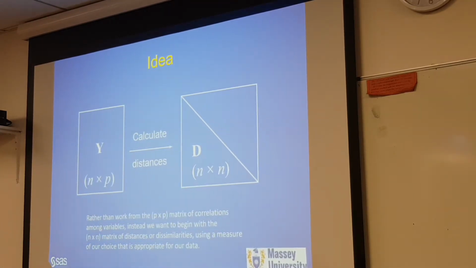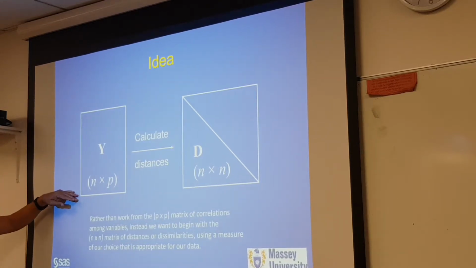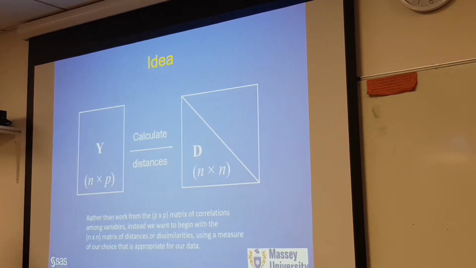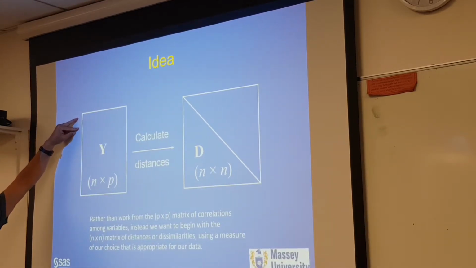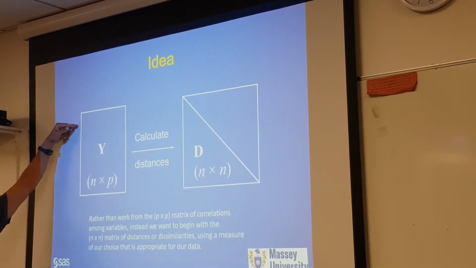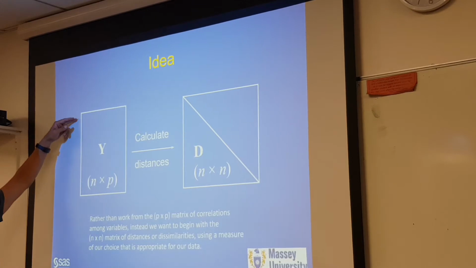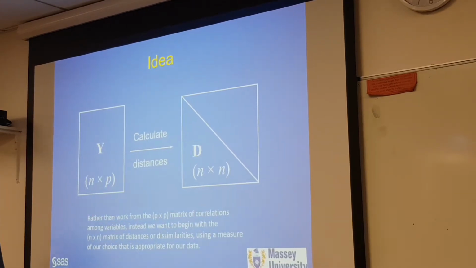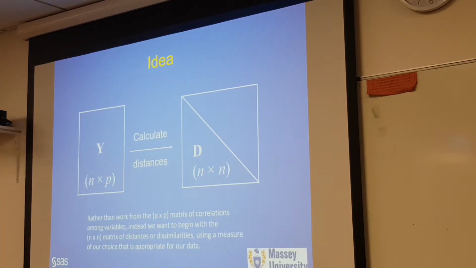So we've got our data, and that's n by p. There are n rows and p different variables. From that, we're going to calculate, okay, here's the first row and the second row. What's the distance, or the dissimilarity between the first and the second object? That's going to go in here, then do the first and the third, first and the fourth, and so on and so forth. In the end, we end up with an n by n matrix. Every object is considered against every other object.